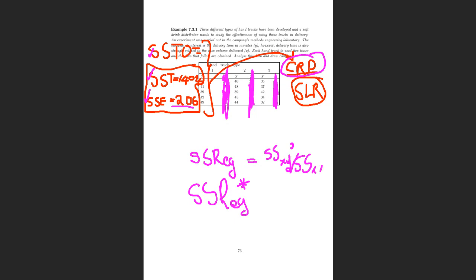We cannot find SS reg without the X values, and we cannot find the SS reg star without the X values. So the X values come in when you want to entertain the part from simple linear. Oh, sorry, this is E. Can we move, Chris? Do you understand now? Yeah, thanks.